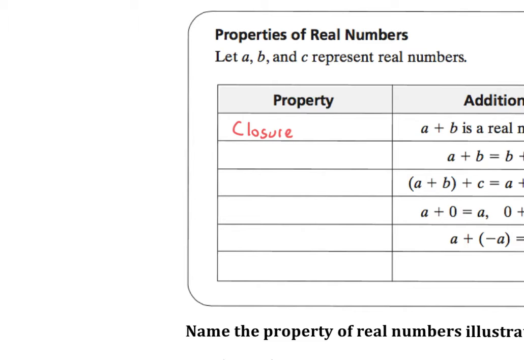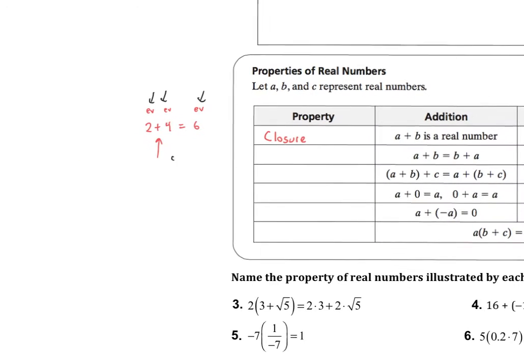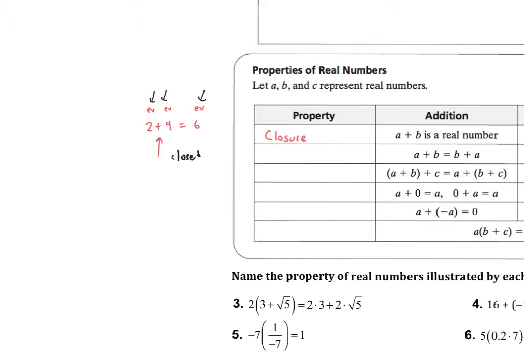Many of you know that if you take 2 plus 4, in other words, an even plus an even, you get 6, which is an even. So we know that if you add even numbers, you will always get an even number. We would say adding even numbers is closed because it always gives us an even number.